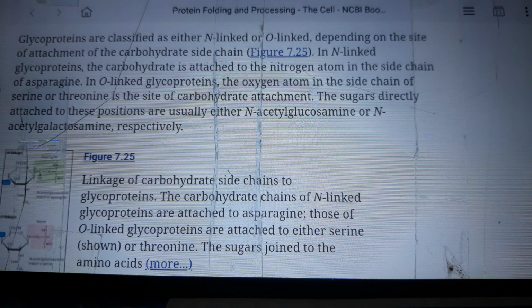In O-linked glycoproteins, the oxygen atom in the side chain of serine or threonine is the site of carbohydrate attachment. The sugars directly attached to these positions are usually either N-acetylglucosamine or N-acetylgalactosamine, respectively.